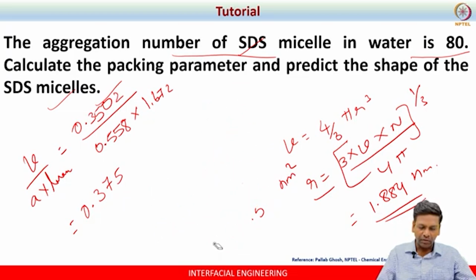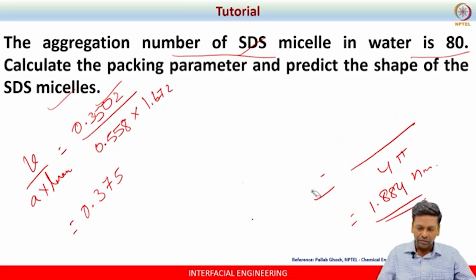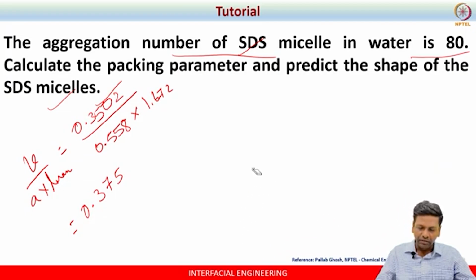If you look at this packing parameter, which is V by A L for this problem, it is 0.375. Remember, for a micelle to be spherical in shape, it has to be less than or equal to 0.33, or 1 by 3.